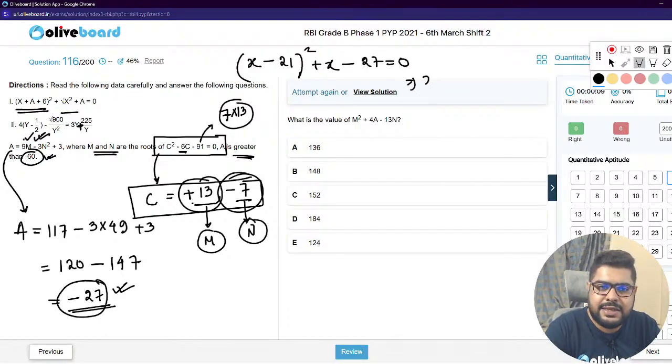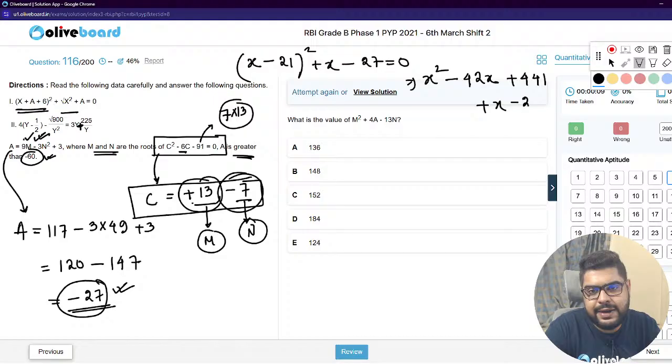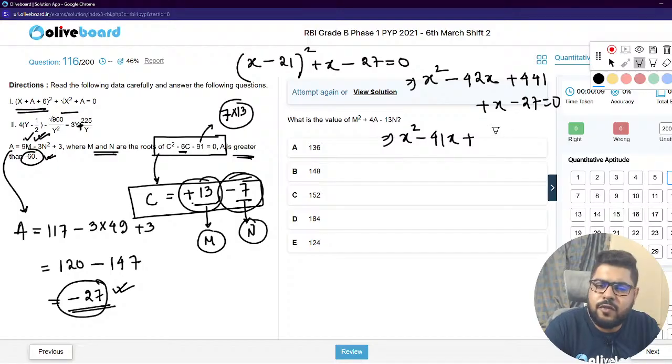So that is x square minus 42x and, sir, plus 441 plus x minus 27 is 0. Sir, x square minus 41x plus 441, from which, sir, if you subtract 27, 414 is 0.